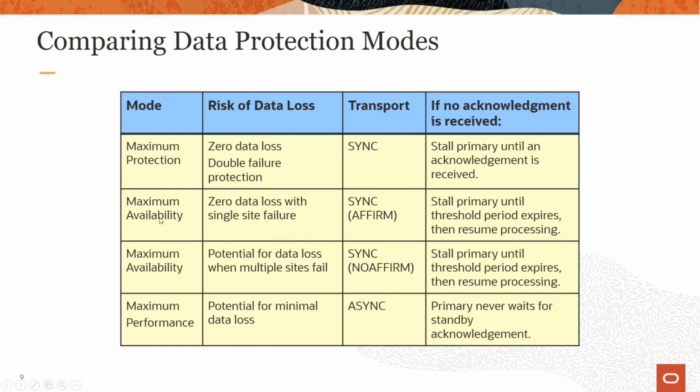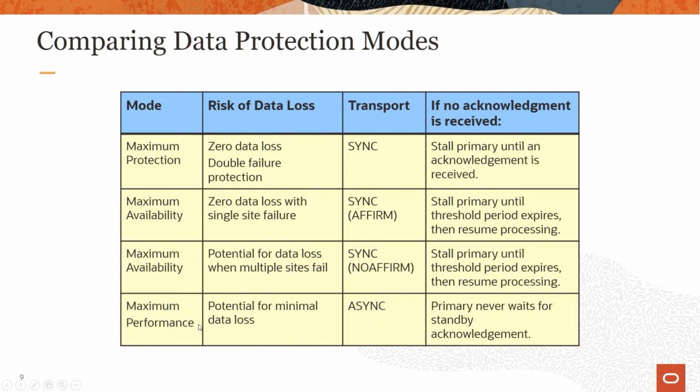And maximum availability: zero data loss with a single site failure. SYNC and AFFIRM can be configured, or you can lower it. You can actually set this in the redo transfer mode to SYNC and NOAFFIRM. There is potential for data loss with multiple site failures, because it is NOAFFIRM.